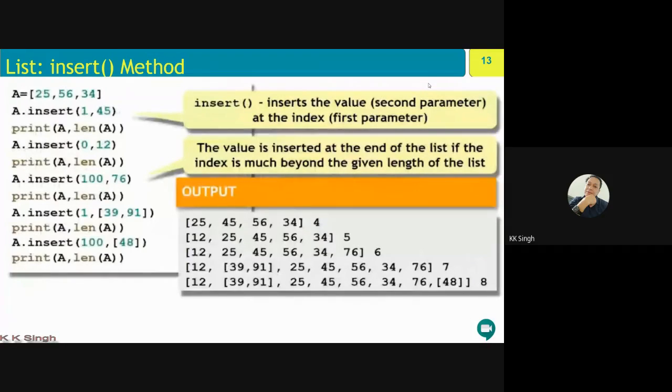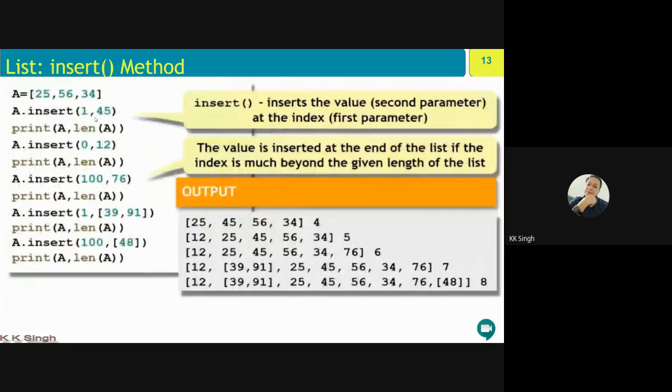The format of insert: to insert any element within the list, you need to have the index on which you want to insert the element, the index number, along with the value. So this should be the format of inserting any element in the list.